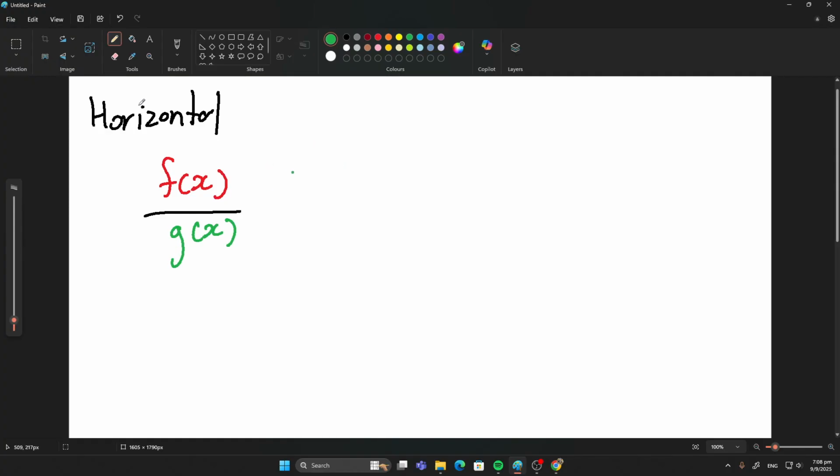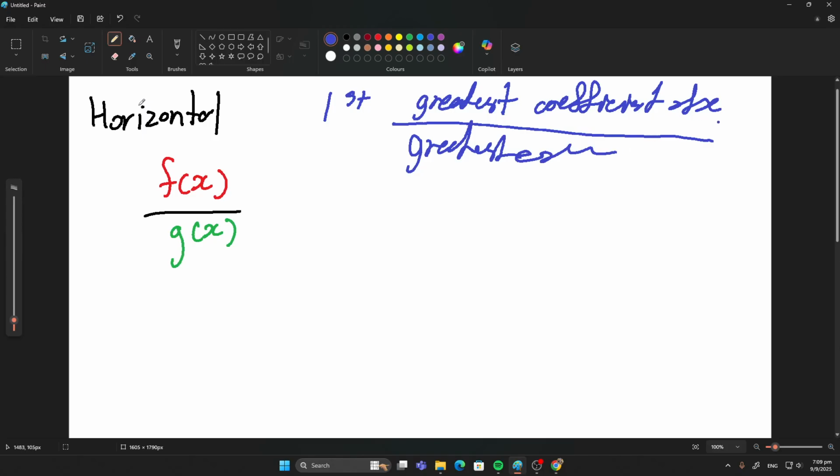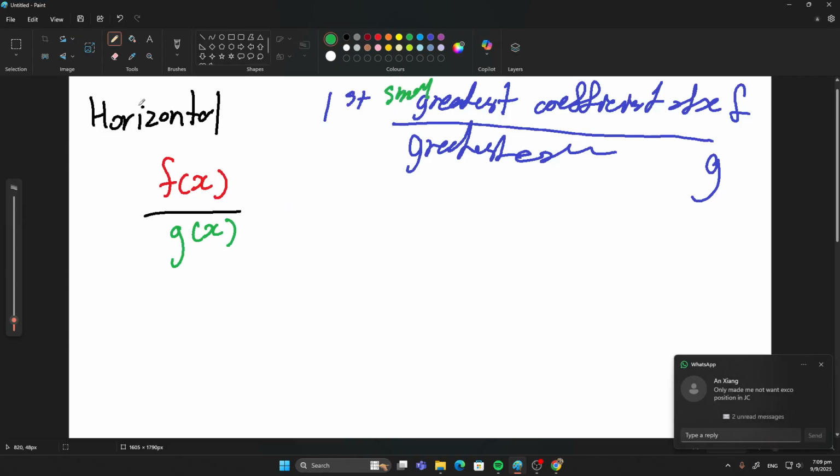So the very first case is when your greatest coefficient of x over greatest coefficient of x, of f and g respectively, is smaller.